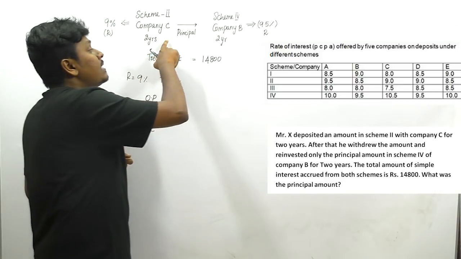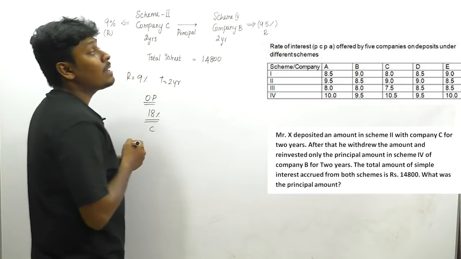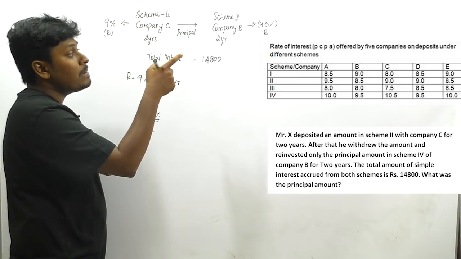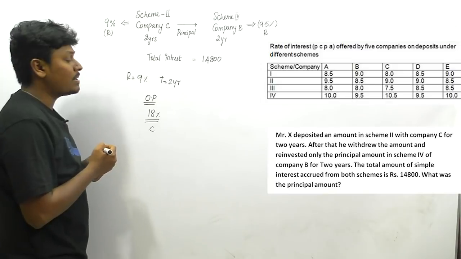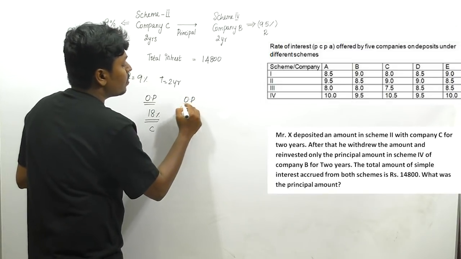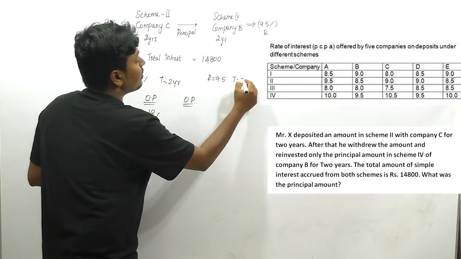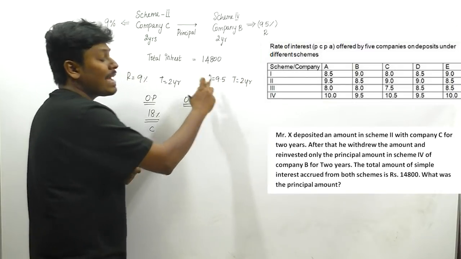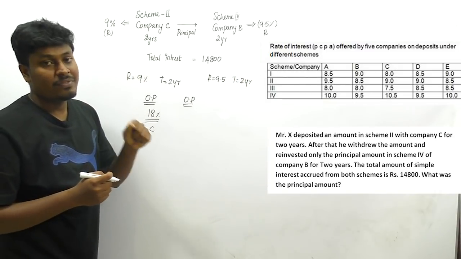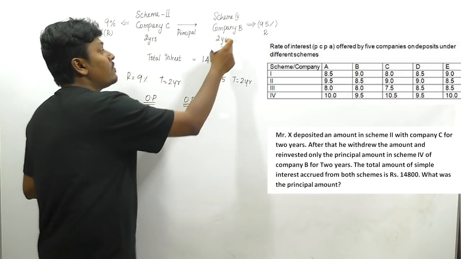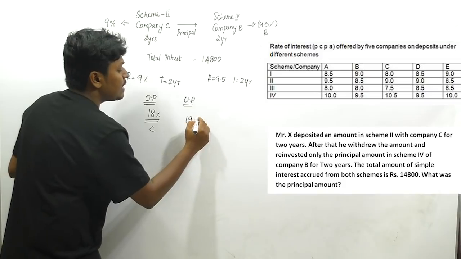And he invests the principal alone in scheme number 4 in company B, right? We know that company B scheme number 4 is 9.5%. For calculating the overall percentage where the rate of interest is 9.5, we need to calculate for 2 years, which is 9 into 2, that is 18, and 0.5 into 2 is 1, so 18 plus 1 is 19%. The overall percentage for company B is 19%, right?